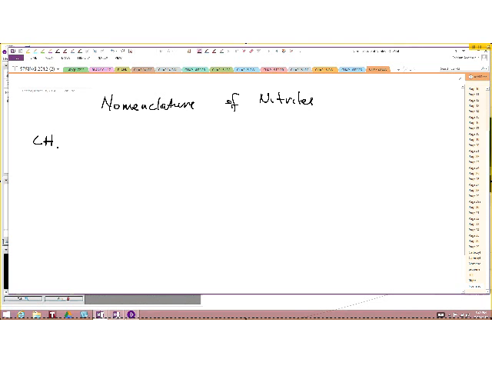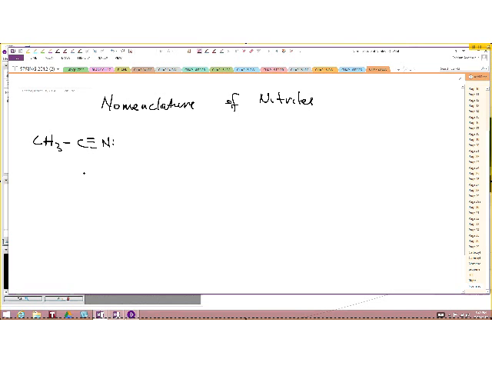The simplest nitrile is here. Just as in the case of the carboxylic acid, the IUPAC name is derived from the name of the corresponding alkane.